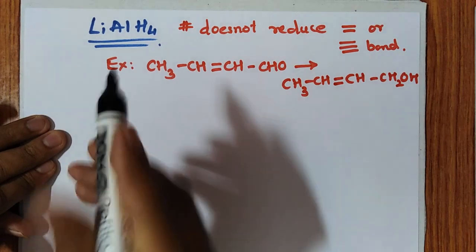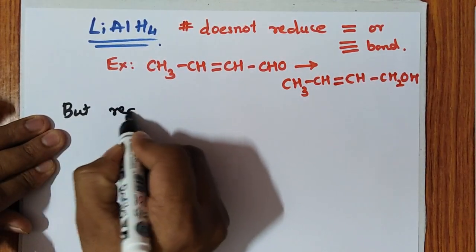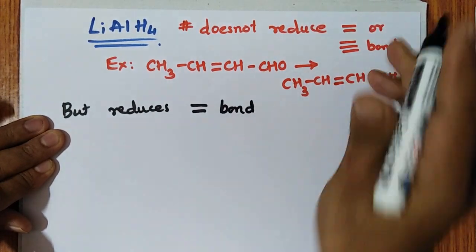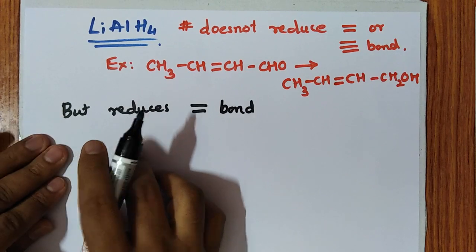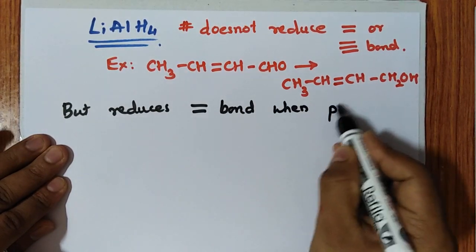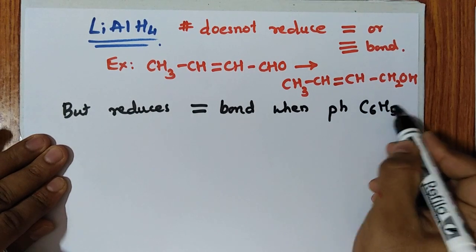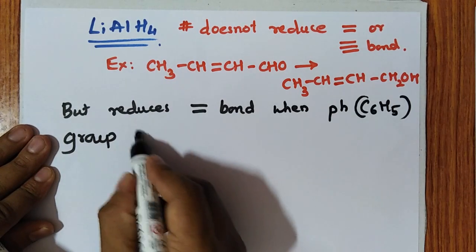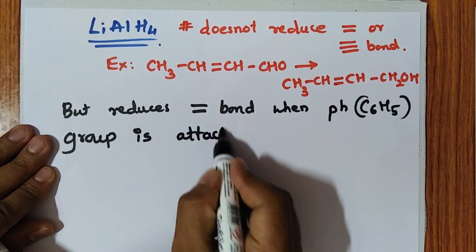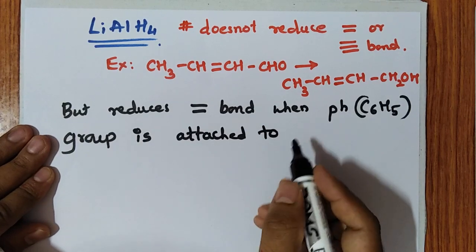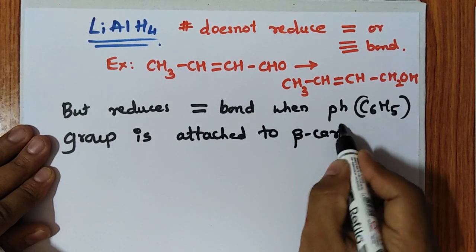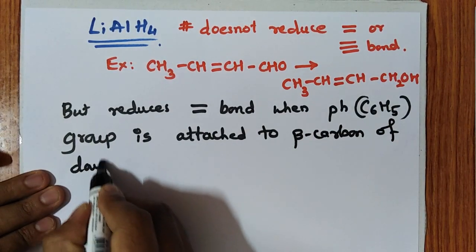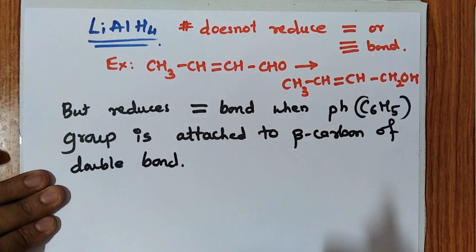But very important, but it reduces double bond when a C6H5 group is attached to the beta carbon, very important, beta carbon of the double bond.